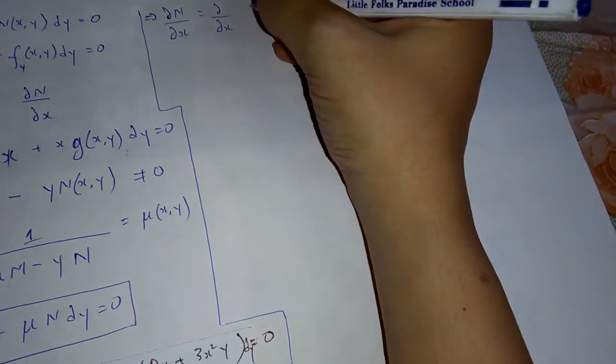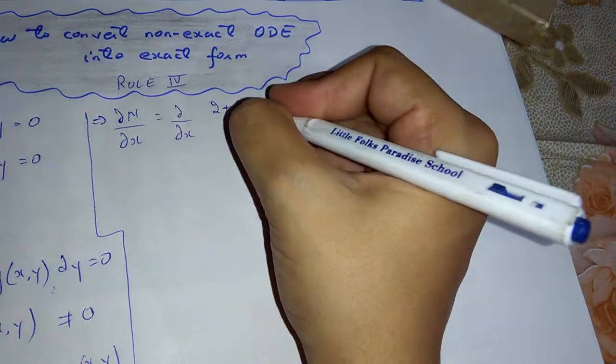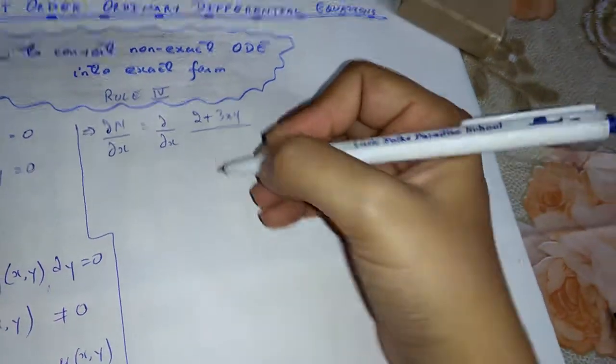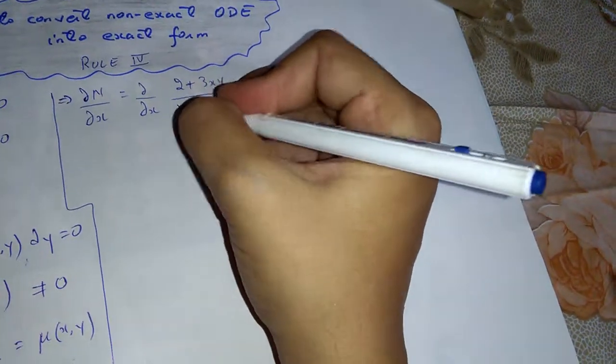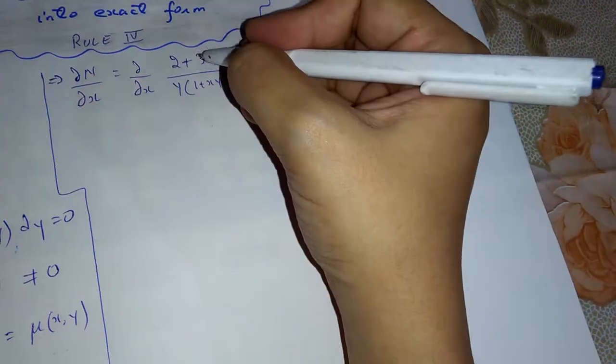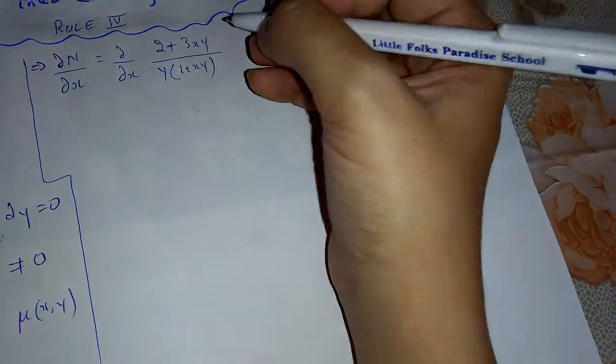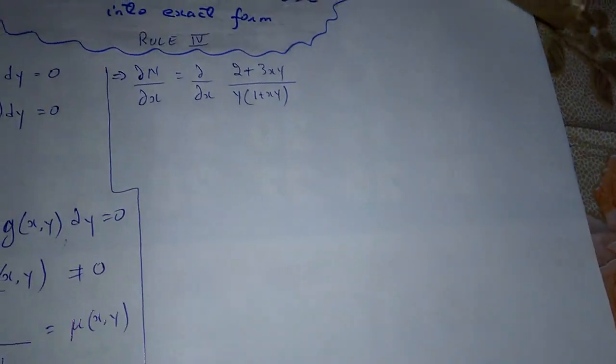So it is 3xy upon y times (1 plus xy). The same process I'm going to repeat of the derivative of u by v format, and when I solve this, I'm going to get the same answer.